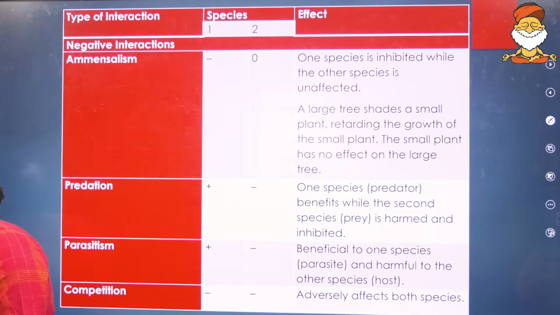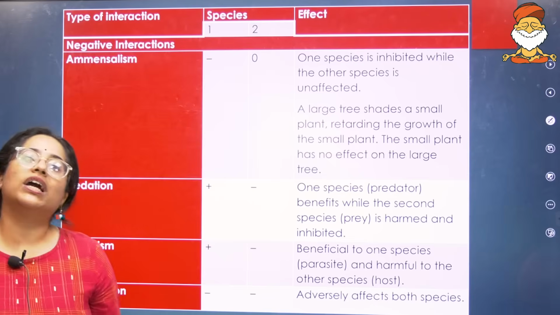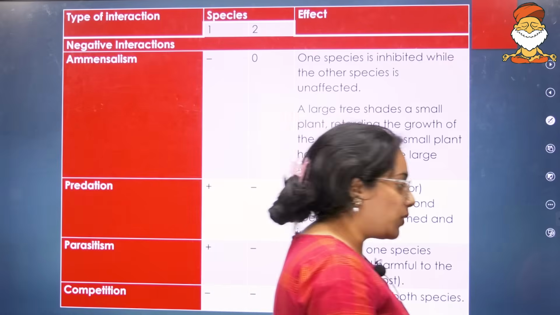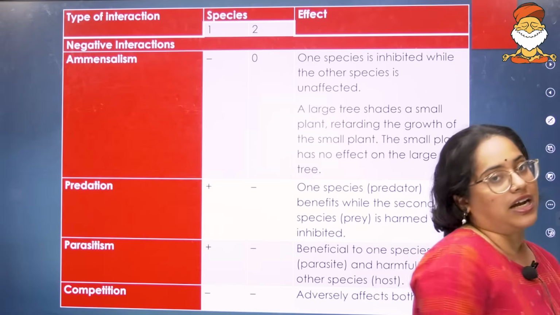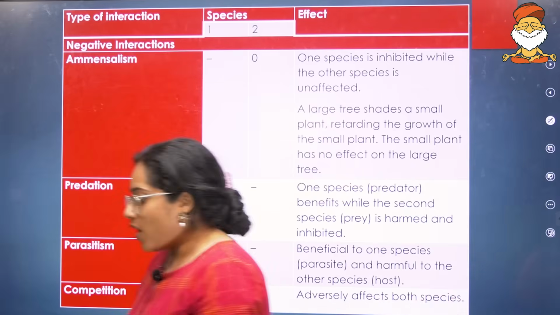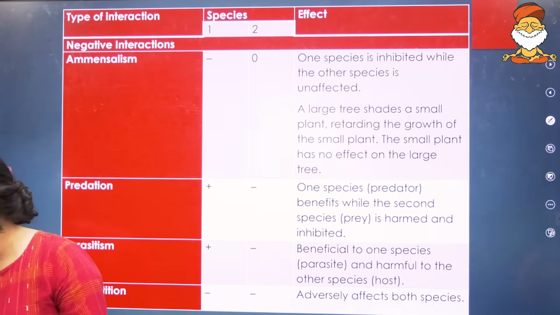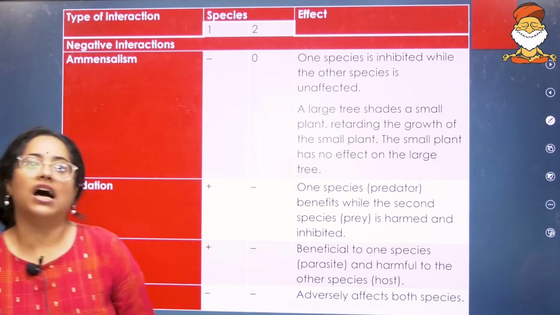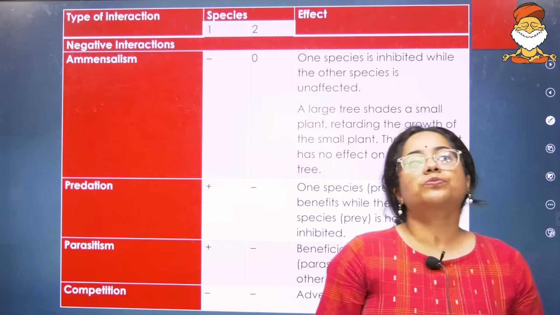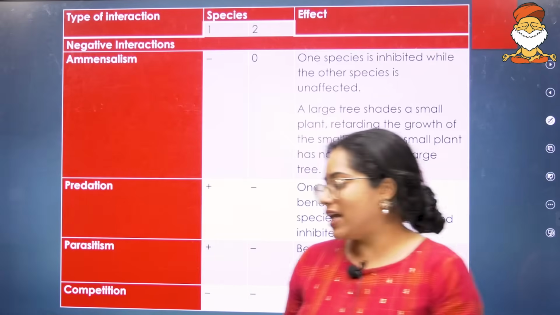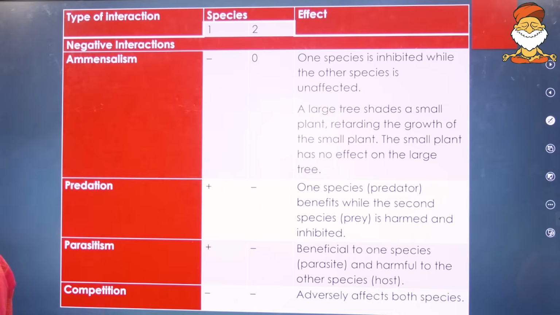See, based on the different interactions that are there between organisms, you will see that you can have positive interactions and you can have negative interactions. Okay, so we are now going to learn what these positive and negative interactions are. See, let's take the example of negative interactions first.